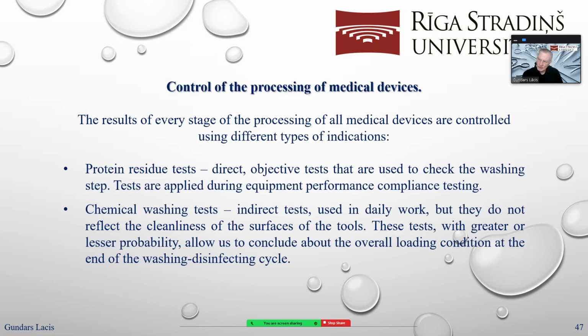Are they working correctly or not? Because it's a direct test, directly from the surface of the instrument, but only for washing and only several instruments. Chemical washing tests are indirect tests, because they show what's happening with them and nothing about the instruments which are in the same cycle.